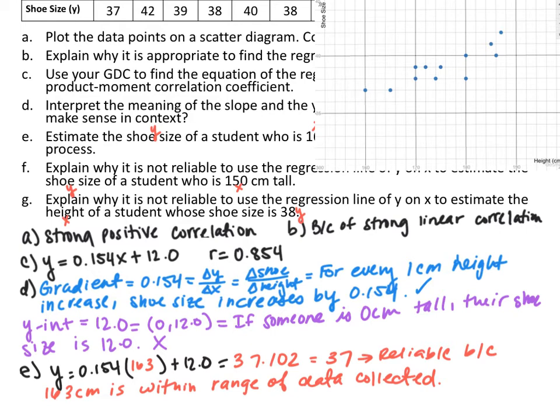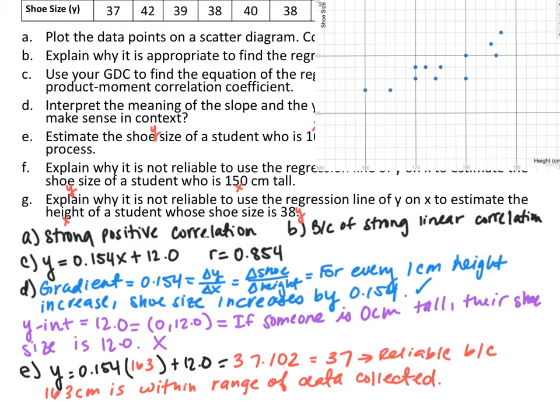Part E, estimate the shoe size of a student who's 163 centimeters tall, so shoe size is y, height is x, so I plugged in x to be 163 and found 37.102. You can't have a decimal shoe size, so a size 37. It is reliable because 163 centimeters is an x value that's within the range of data collected.